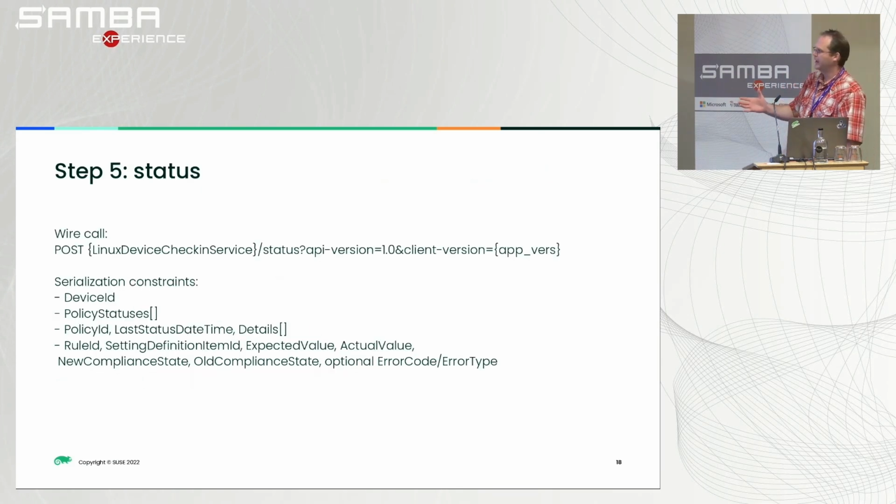Okay, the final step, well, there's one after this, but the final step is to return all of that status information to Intune. Along the way, as we've applied the policies, we've collected them in a JSON, and now we send that back to Microsoft in this blob, and then the Intune service determines the compliance of the device.